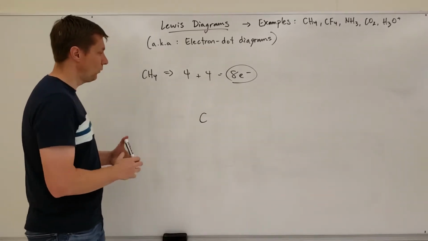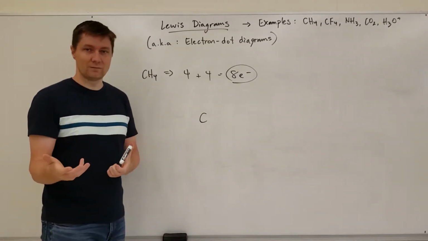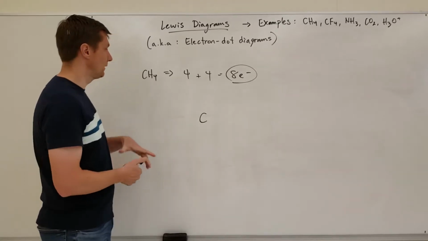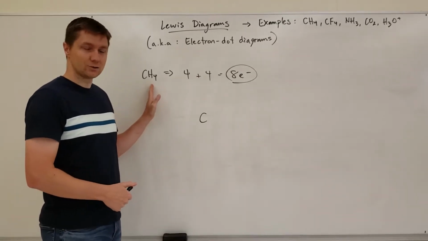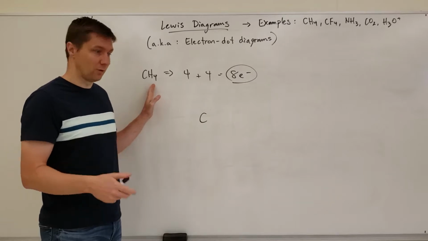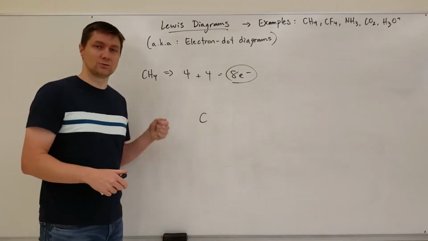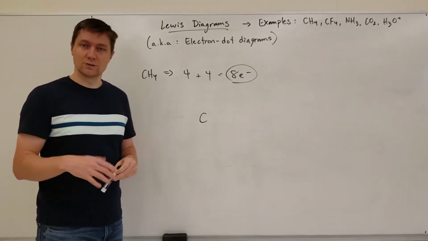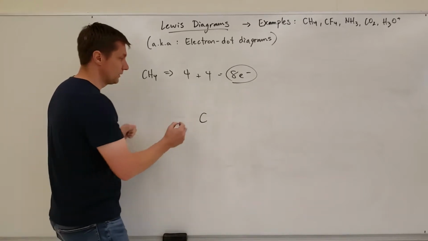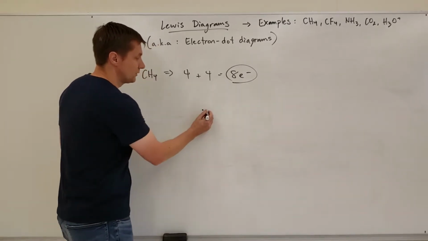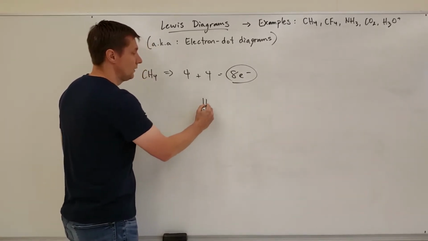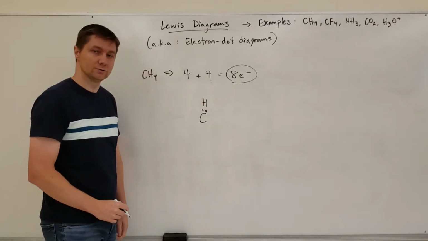Now, the next rule is, once I've identified my central atom and written it down, I attach all of the rest of the atoms, the peripheral atoms, around that central atom using 2 electrons for that purpose. So I put 2 electrons here like this, and then I attach a hydrogen around it.